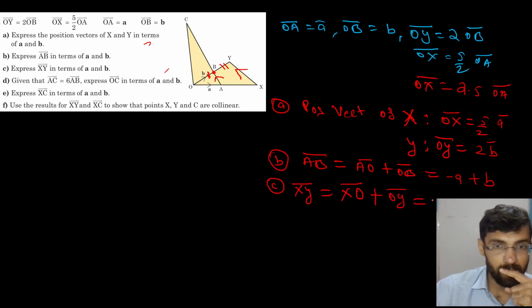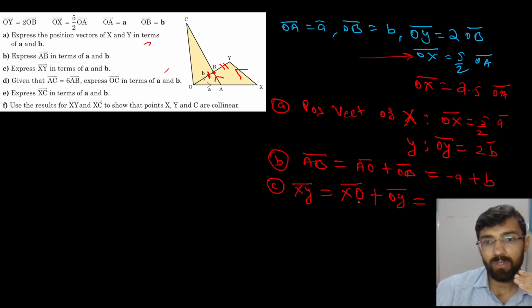Now, do we have XO? We have OX here, that is 5 by 2 A. OX and XO are opposite, so XO is minus of OX, and we have OY vector.